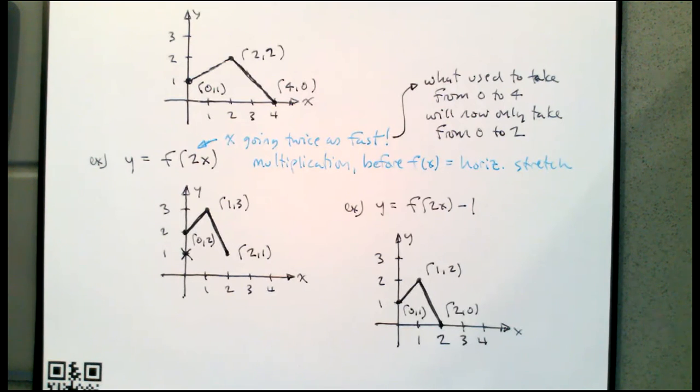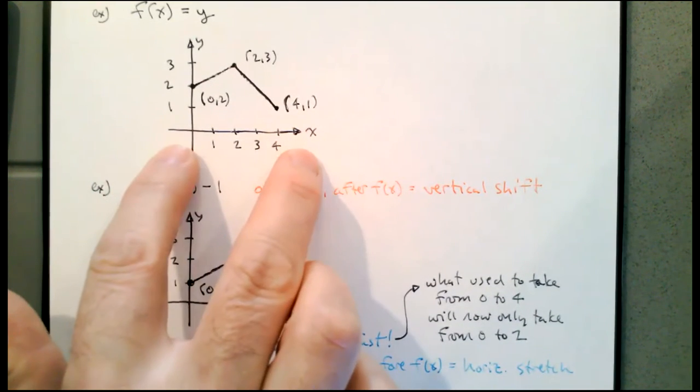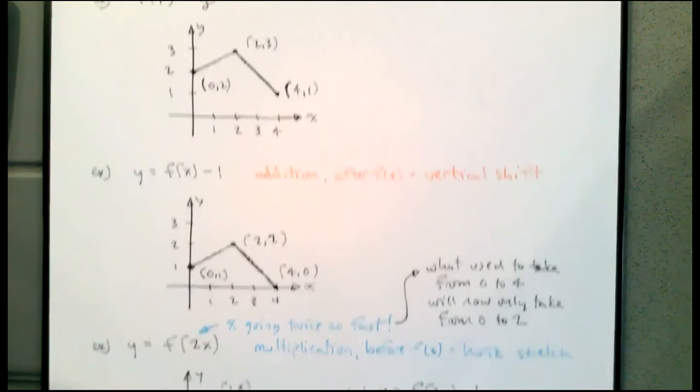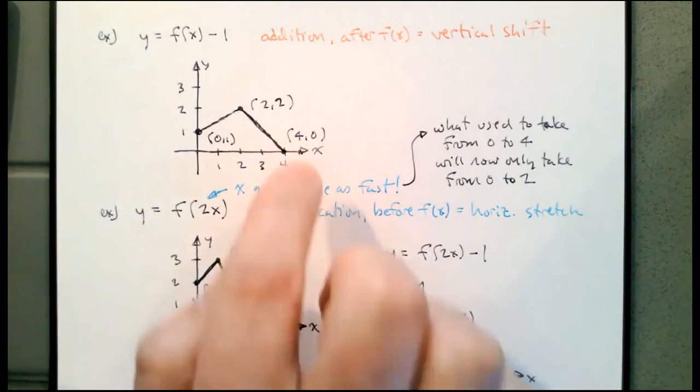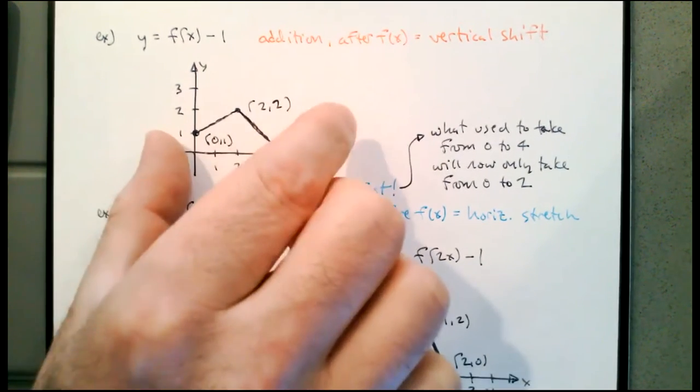What used to take from 0 to 4, since we're multiplying all the x's by 2, now only takes from 0 to 2. That's why the graph, going from 0 to 4, gets compressed down, because the x's are going twice as fast. So this second leg got pushed in, and then this first leg, we just kind of compressed it this way.